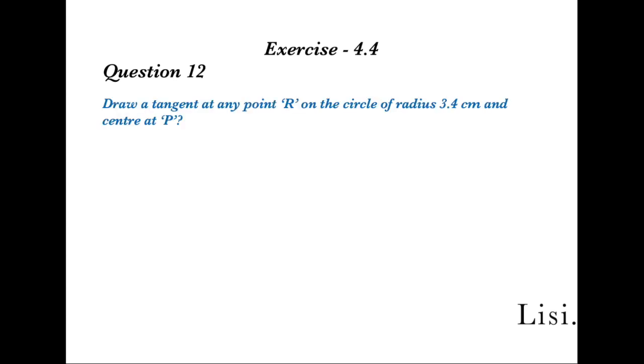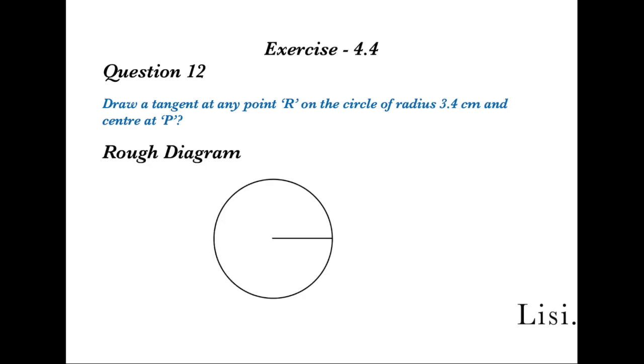Take exercise number 4.4, sum number 12. Draw a tangent at any point R on the circle of radius 3.4 centimeter and center at P. So now draw the rough diagram. Draw a circle with radius 3.4 centimeter. The center is P, not O, and the point of contact of the tangent to the circle is R. Name the tangent as T dash.